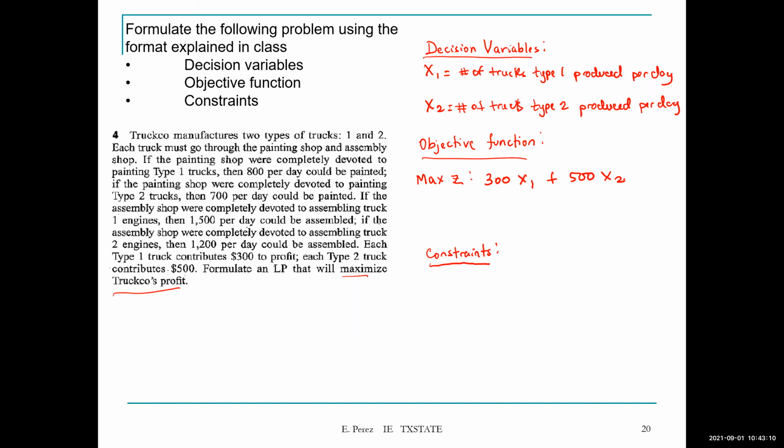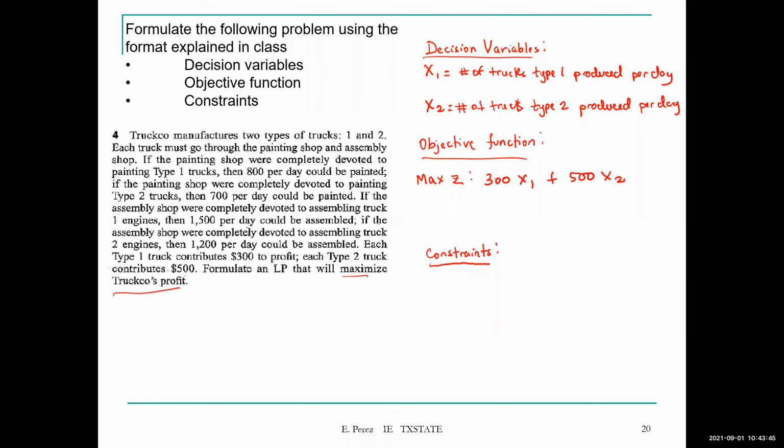So if you think about each station, you don't know how many hours you're going to have available, right? You only know that if you have 100% of this station available for this specific truck, this is how much you will produce. So that being the case, we can then state the constraint in terms of percentages, meaning that you have 100% available, and then you want to find the fractional numbers associated with each product that will meet the constraint.